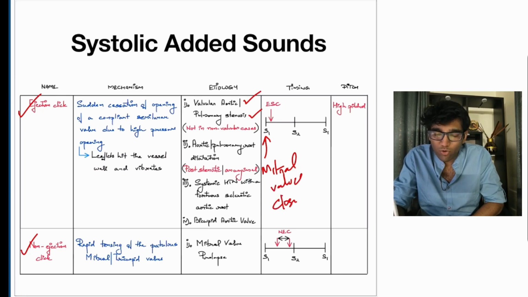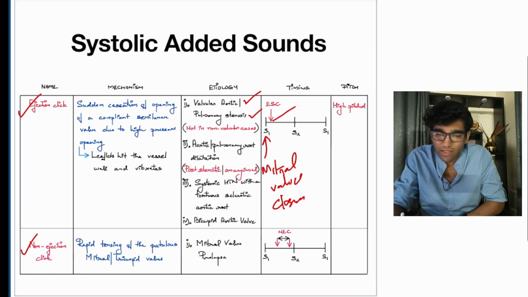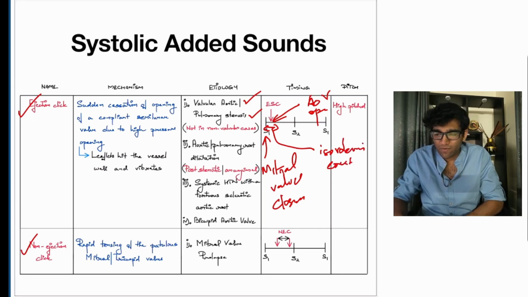Now, after closure, there will be isovolumic contraction, after which the aortic valve opens. So here the aortic valve is opening up. So this space in between, this time, is actually the isovolumic contraction.